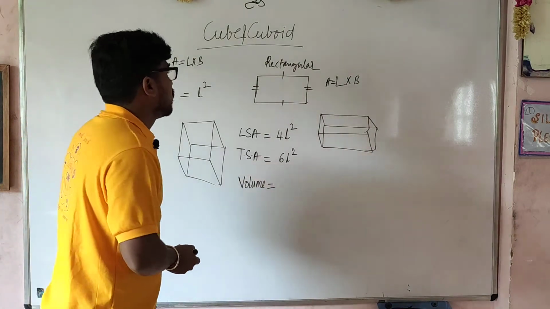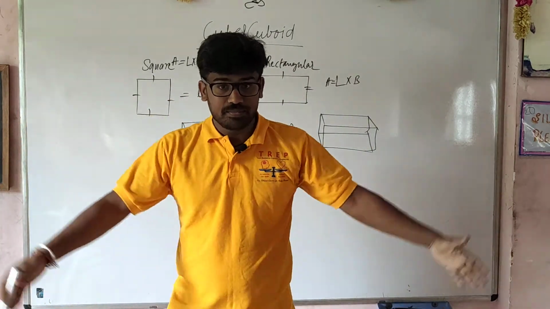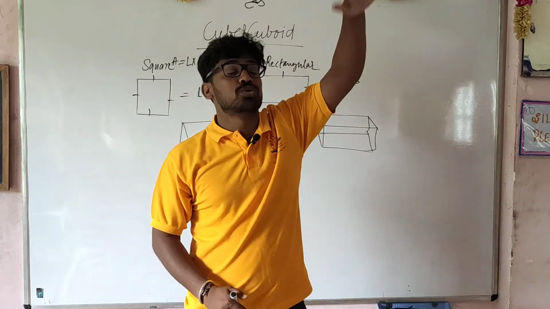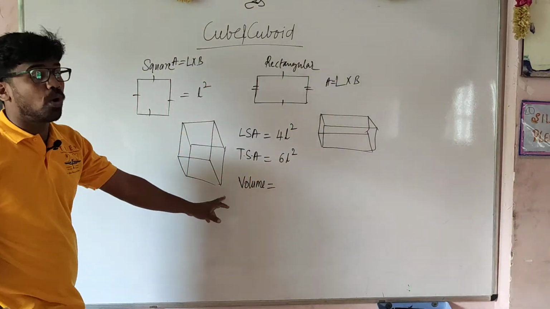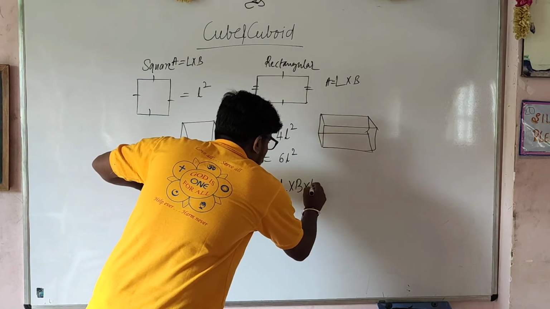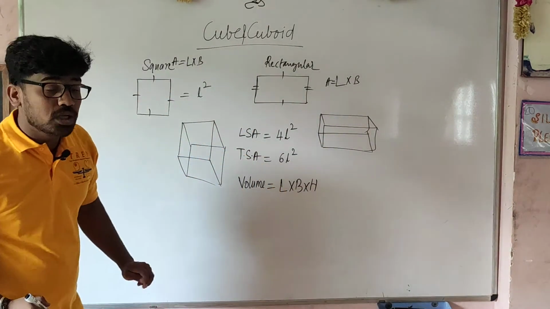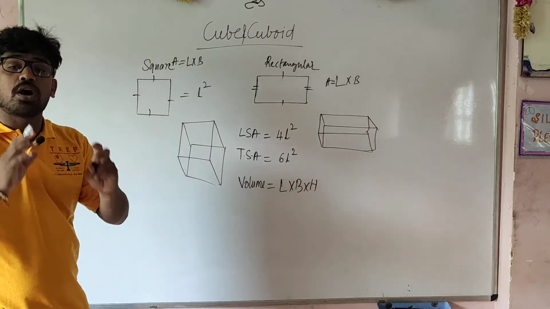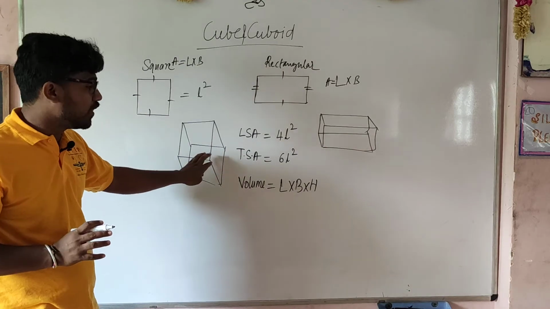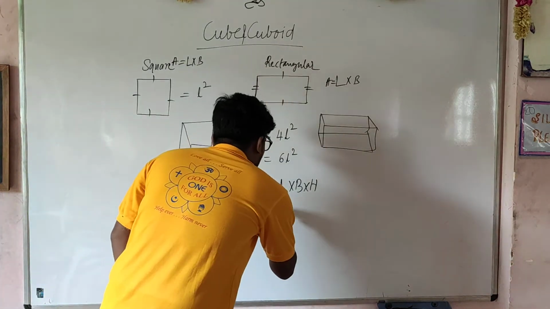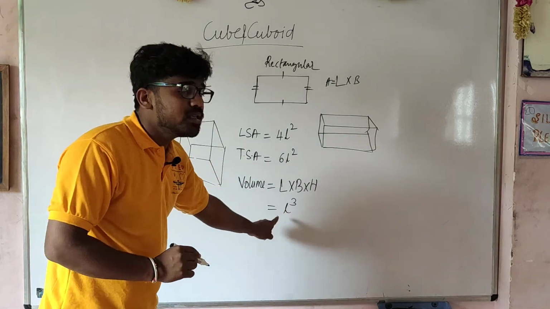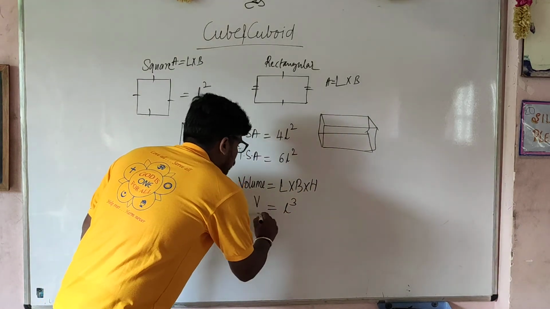We have a length, a breadth and a height. The volume is length into breadth into height. Since all the sides are equal in the cube, the volume of the cube is L into L into L, which is L cube.